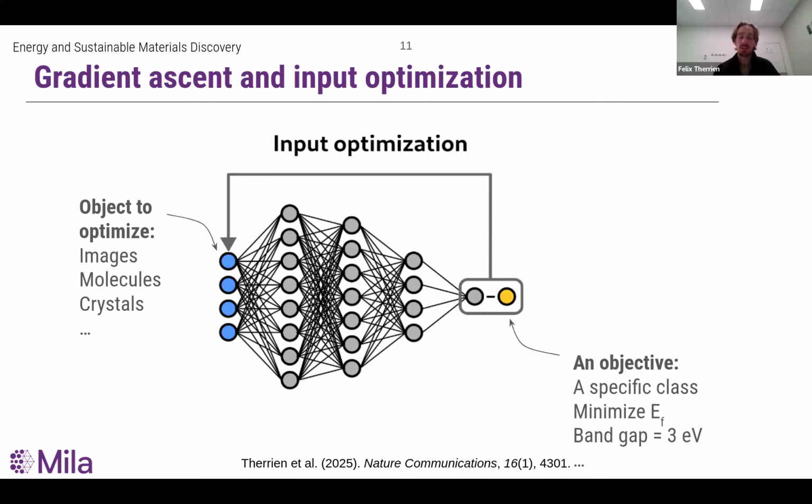And now the thing that you're comparing it with is actually what you want. So let's say you want a specific class, you want this image to look like a dog, or you want a specific energy, you want to minimize this energy, you want it to be as low as possible. Or you want a specific band gap, which correlates with color, for example.